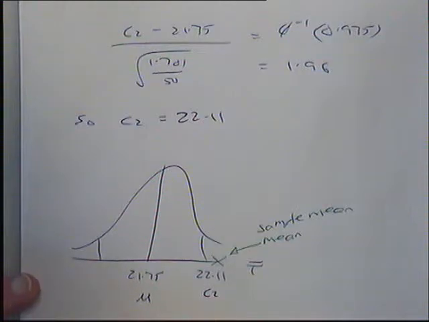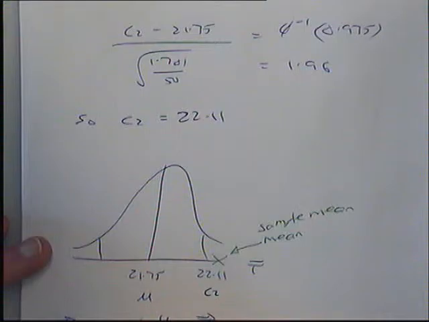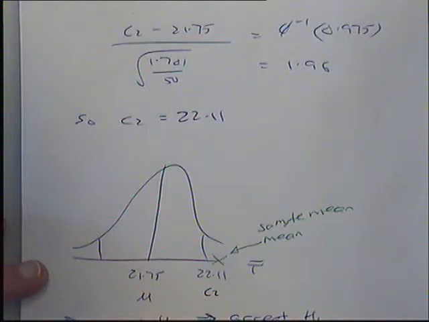If it's in the tail, that means H0 is incorrect. So if it's in the tail, we reject H0, which means we now have no option other than accepting H1, that mu is not 21.75.